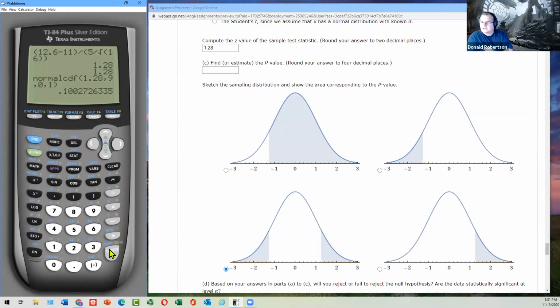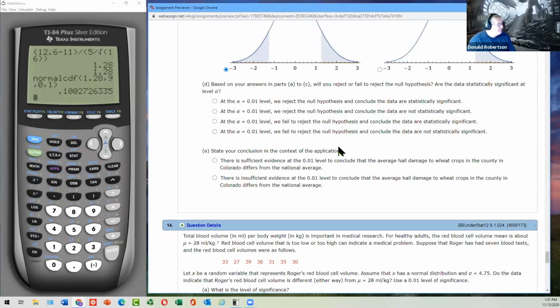So you can choose to either double the p or halve the alpha. It has the same effect. In this case, is 20% less than 10%? No, it's not. So that means it's not statistically significant and that there is insufficient evidence.